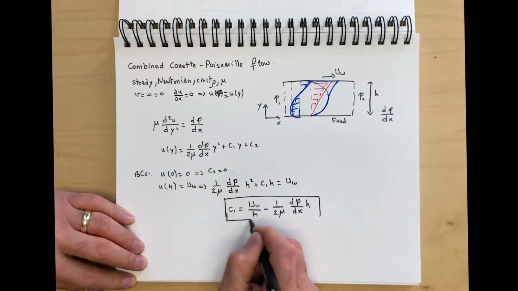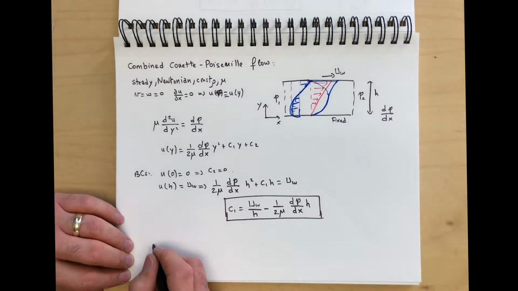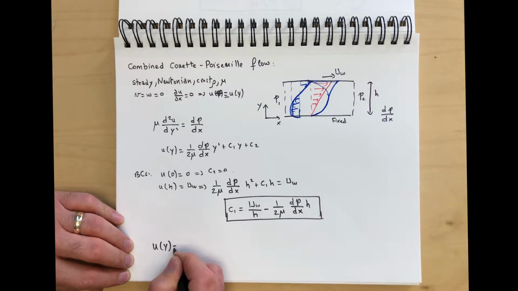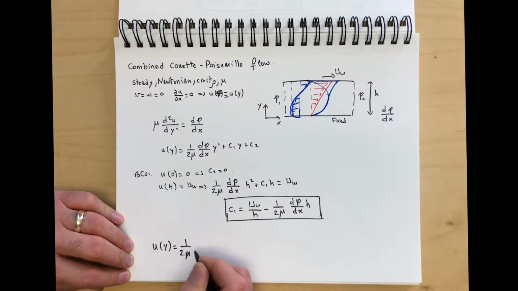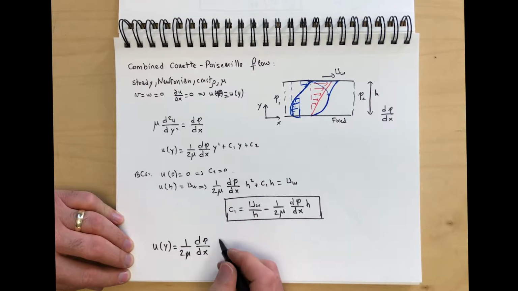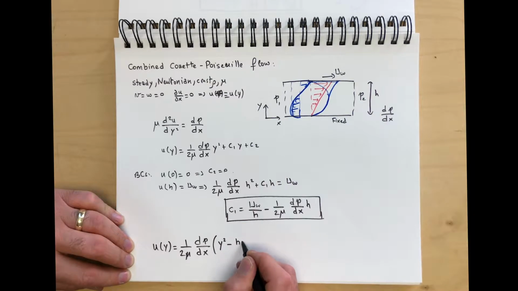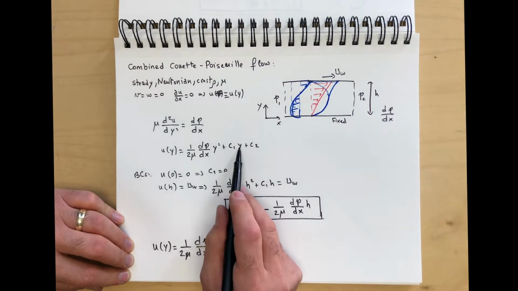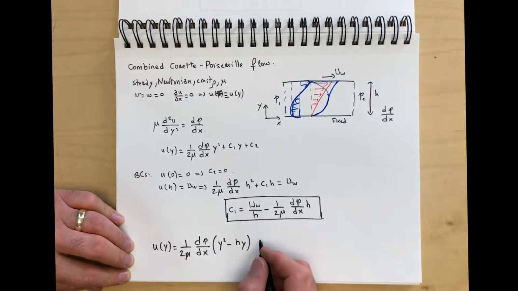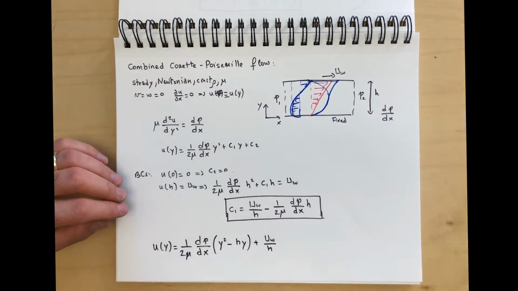That is C1. From C1, we conclude that u of y is equal to 1 over 2 mu dP by dx. We're going to factor things out. We will have y squared minus hy, because C1 is multiplied by y, and plus u wall over h y.